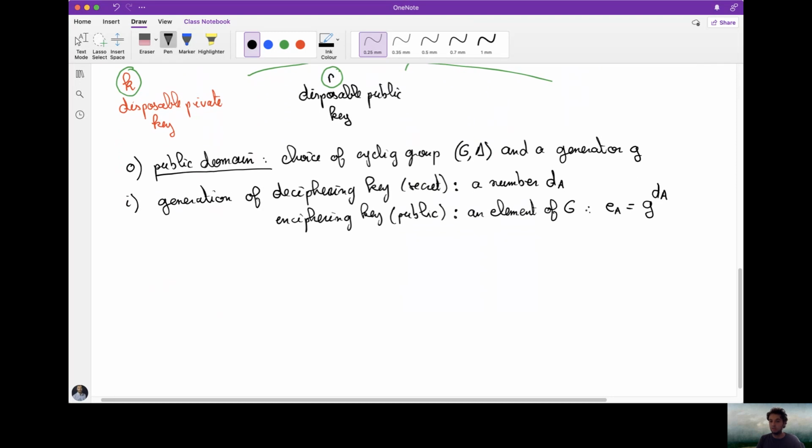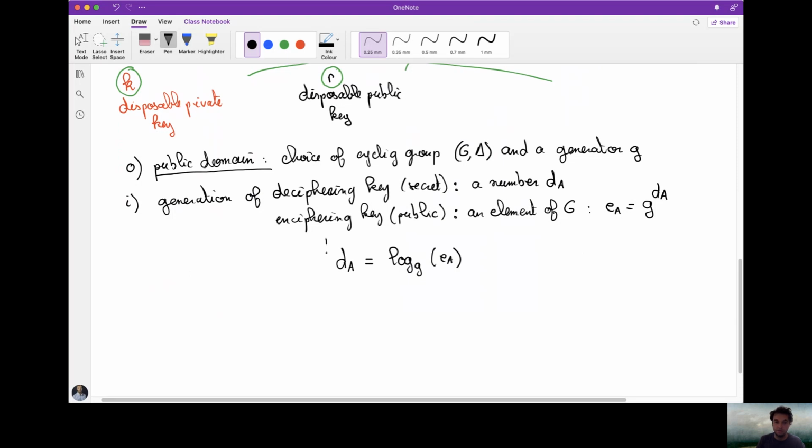Okay, and of course, what is important is that this relation between the public and private key is actually better to think of the other way around. So how do you know what the secret key is equal to? It's equal to the discrete logarithm of the public key.